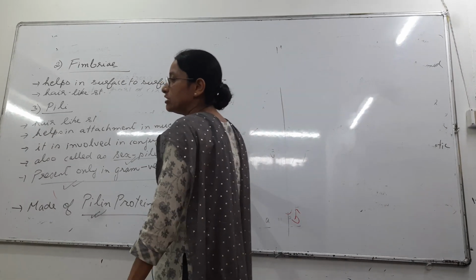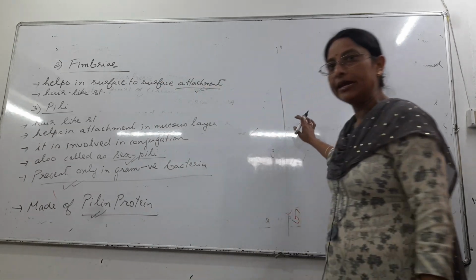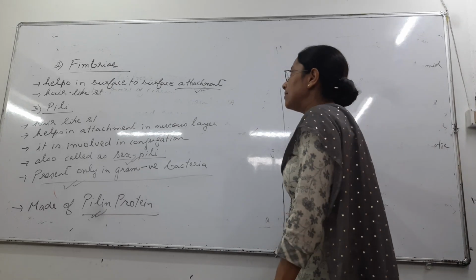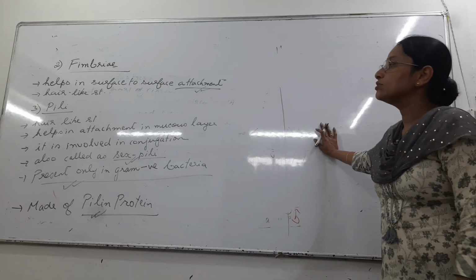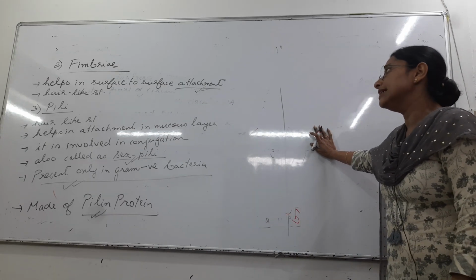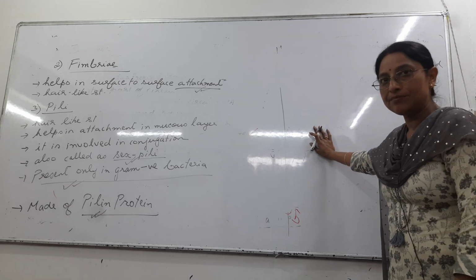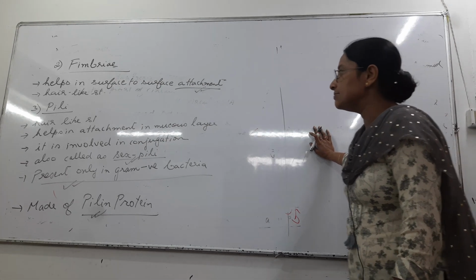The longer one was called pili, the shorter one was called fimbri, right? Fimbri or pili, what is their function? Attachment to a solid surface, attachment to a mucus layer. Attachment to a solid surface is fimbri, mucus layer is pili.